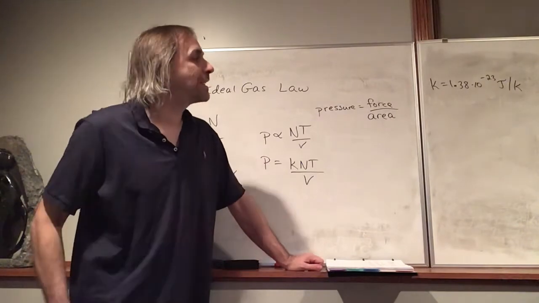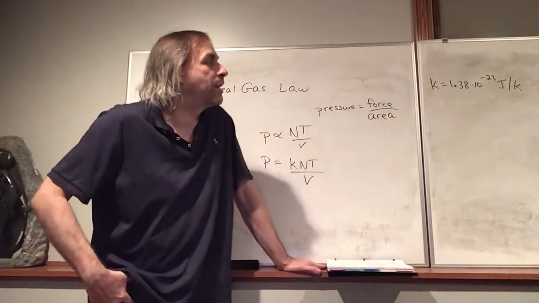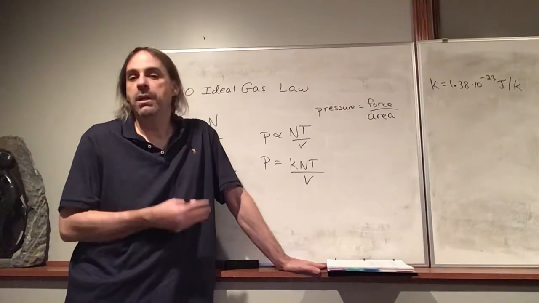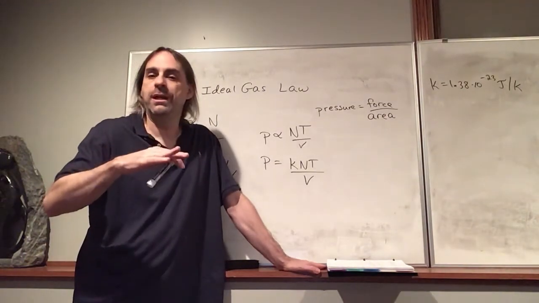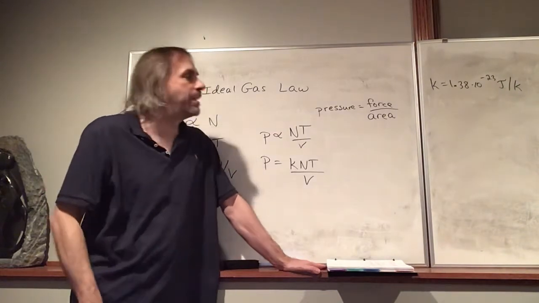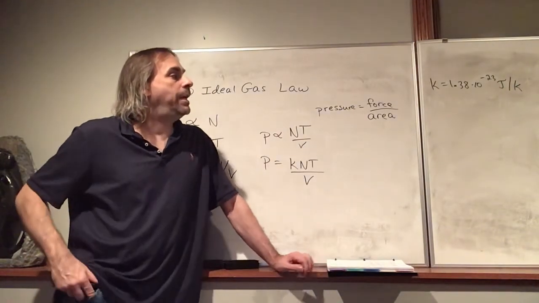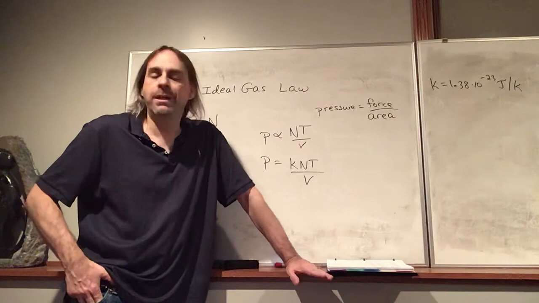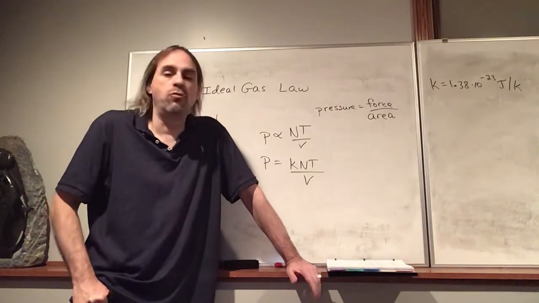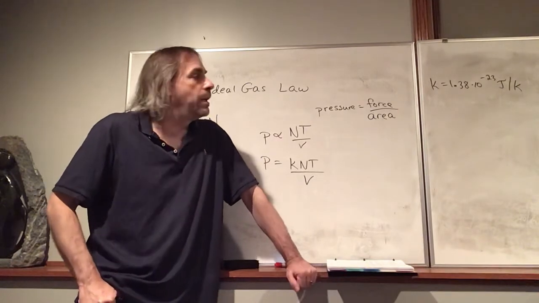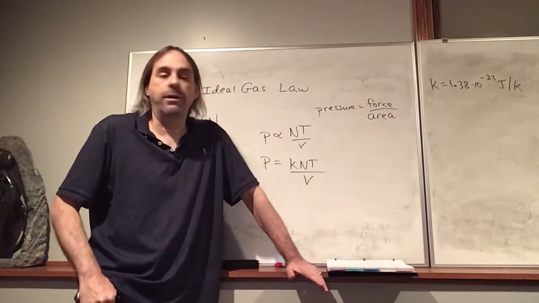That's Boltzmann's constant. Boltzmann was one of the greatest scientists of all time. Definitely up there. Well, not like Newton and Einstein and Galileo, but kind of just beneath that level. He was doing his work in the mid to late 1800s, and he did some really amazing work on what's called kinetic theory.